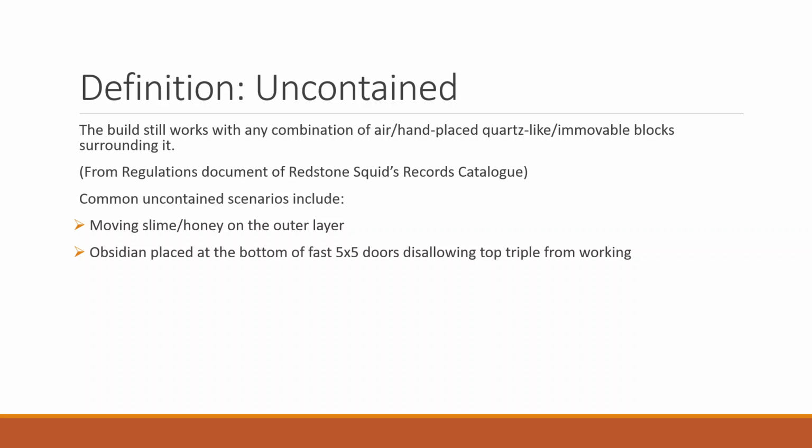Another is that an obsidian is placed at the bottom of fast 5x5 doors, which disallows the top triple from working. Now this is actually a very special scenario, which not many people recognized until a later stage.